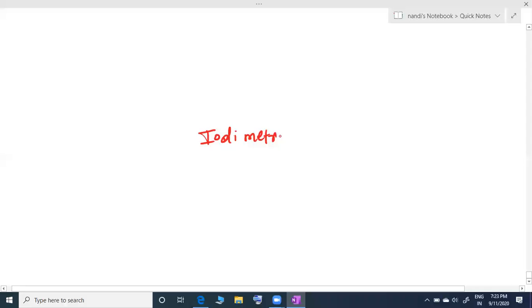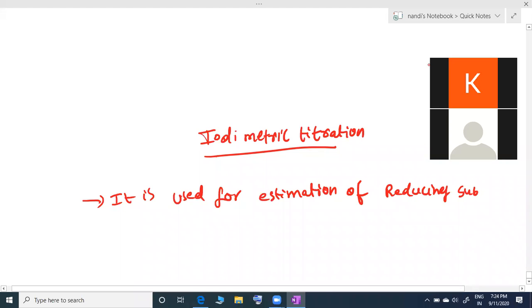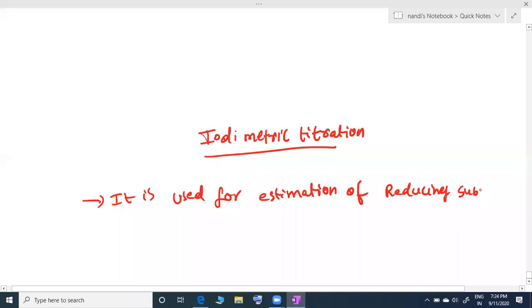Iodometry: here we are using it for the estimation of reducing substances or reducing agents. We can use either one.